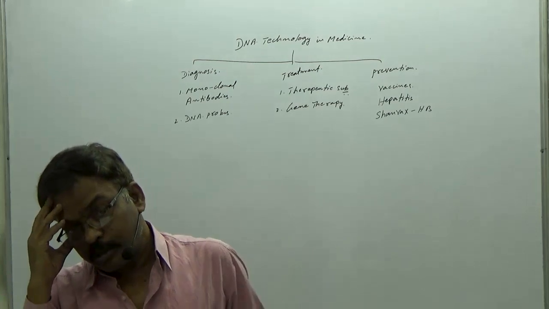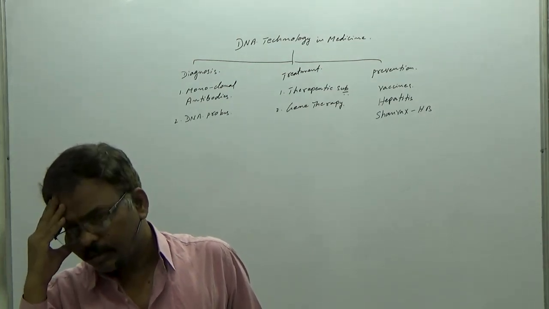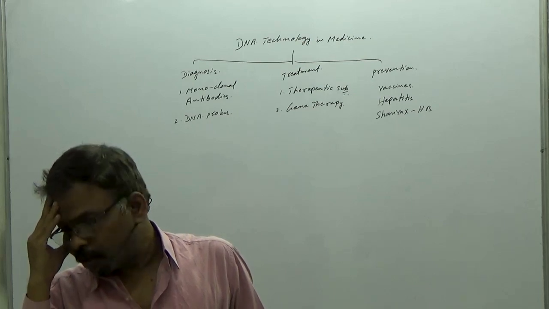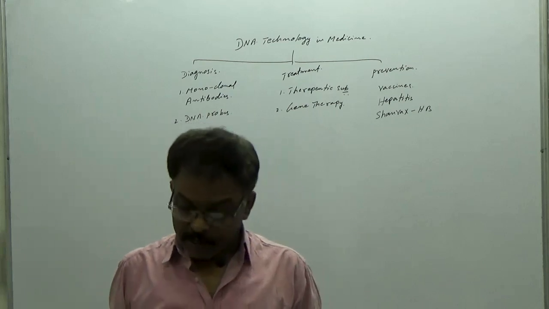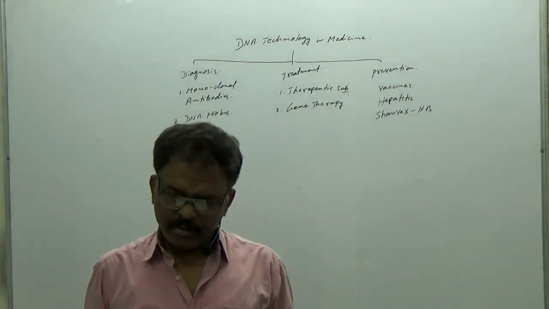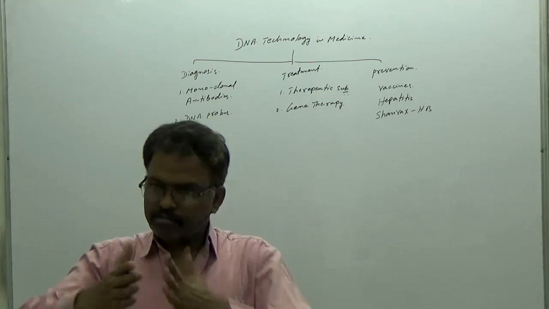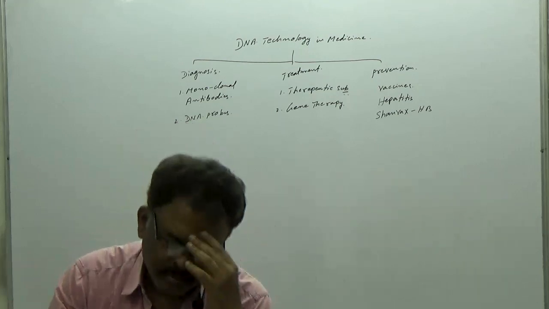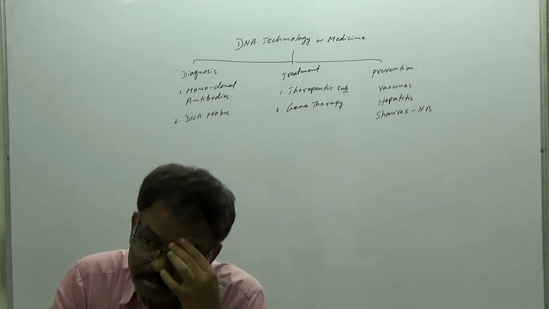How much deeper do you want? That much deeper is there. Simply type it, and a bundle comes. So for vaccines, a bundle of information you will get. Information is not the problem.